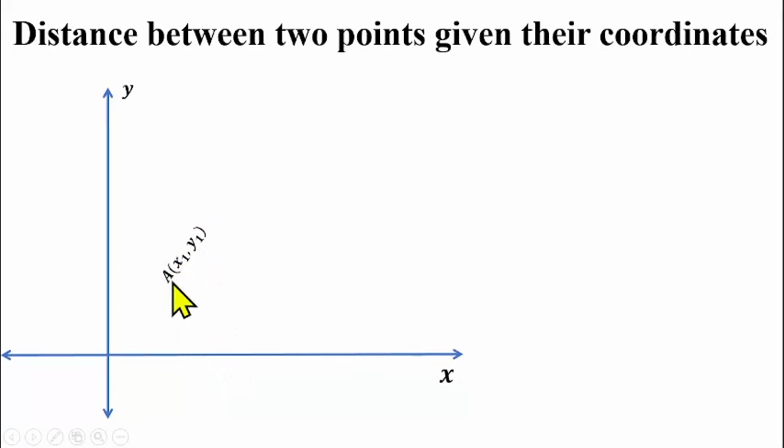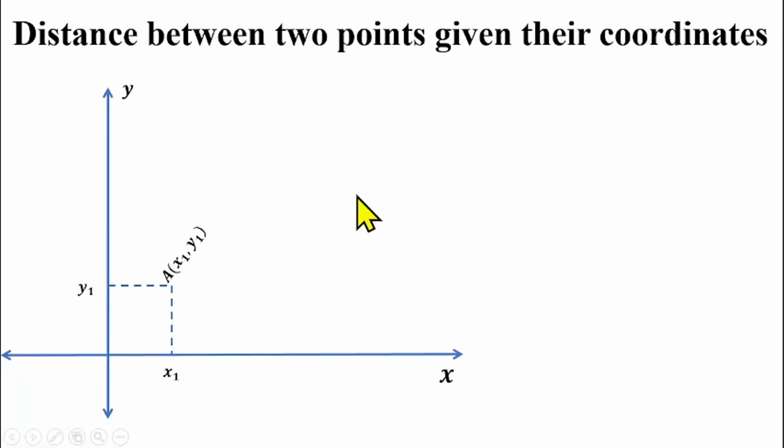That means the value of point A on the x-axis is going to be x1, and the value of point A on the y-axis will be y1 as well. So that gives us this coordinate to be x1, y1.